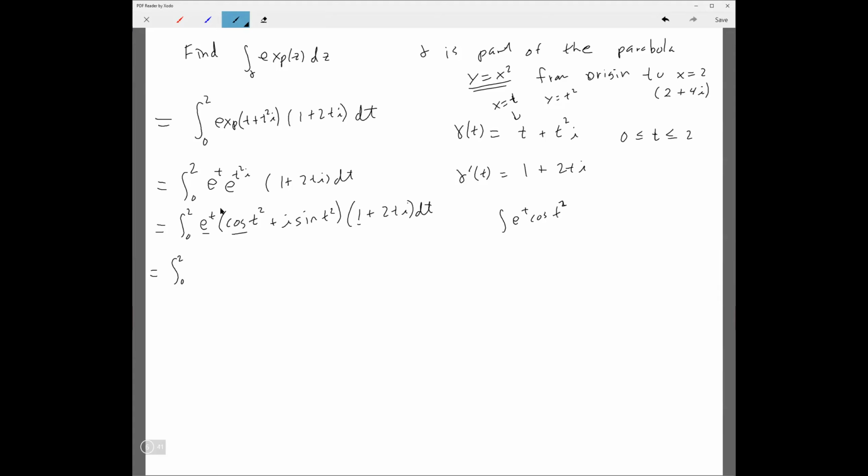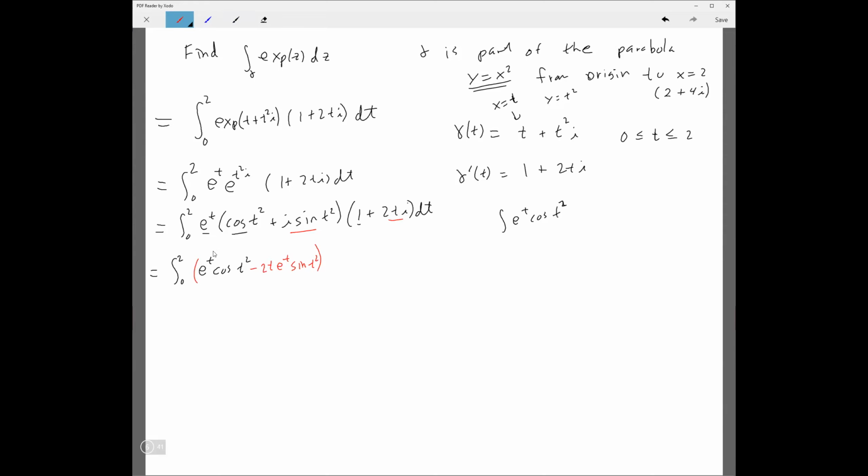Maybe that would work out. So if we go that route, we get e to the t cosine t squared, and then this times this is going to give you minus 2t e to the t sine t squared. Wait a minute, maybe that can be integrated.